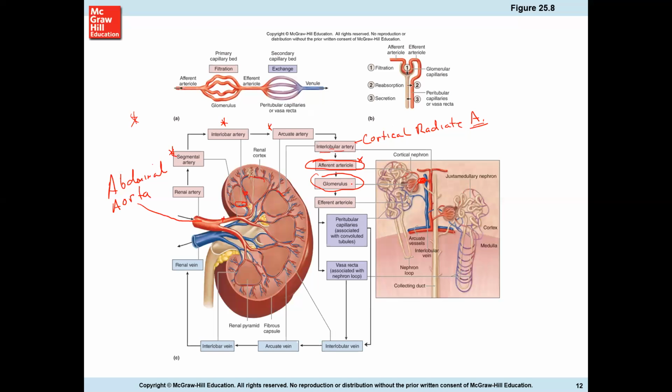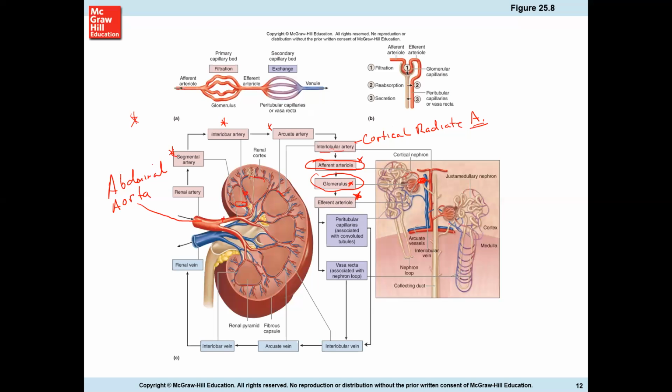But this is blood. So this is where the red blood cells, like the erythrocytes and the plasma proteins, will stay in the glomerulus and continue into the exiting vessels. And the first vessel out of the glomerulus, this is blood now, is the efferent arteriole.